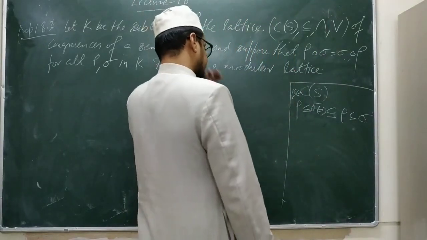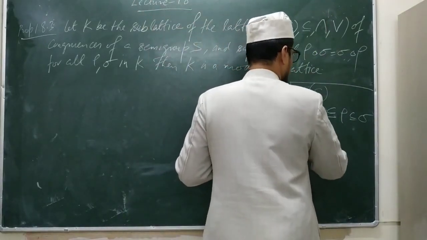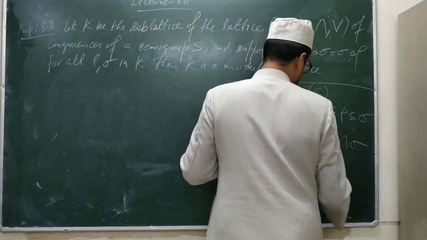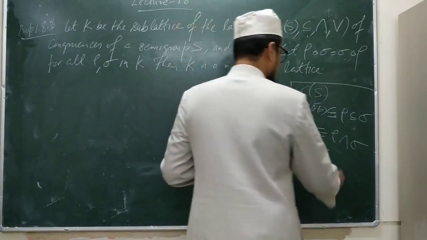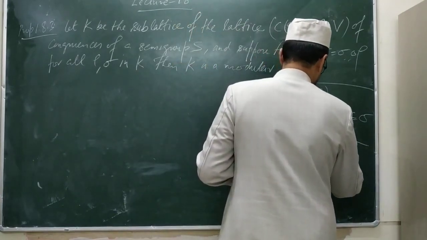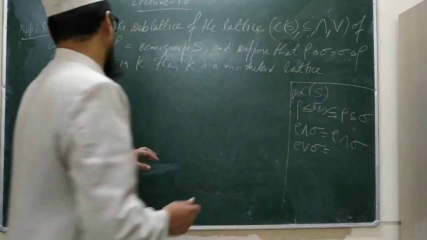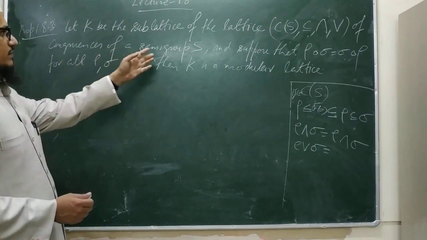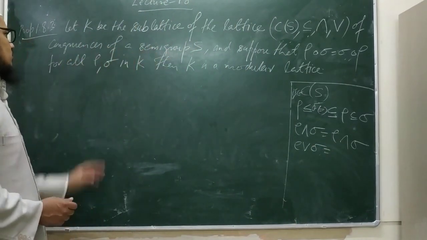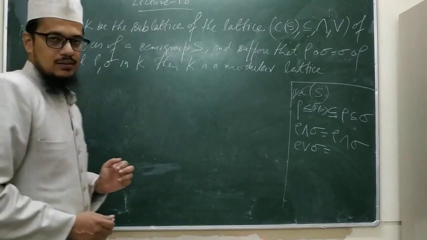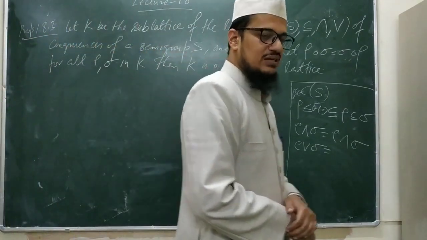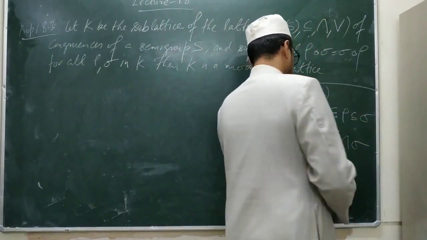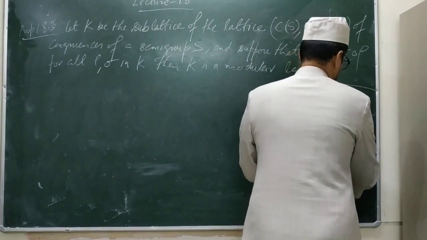Now, rho meet sigma is what? This is rho intersection sigma. Rho join sigma is what? In the case of congruences, here it is given that rho composition sigma is equal to sigma composition rho for all rho, sigma in K, correct? As we already know by a result, whenever two congruences commute with each other, then rho join sigma is rho composition sigma.